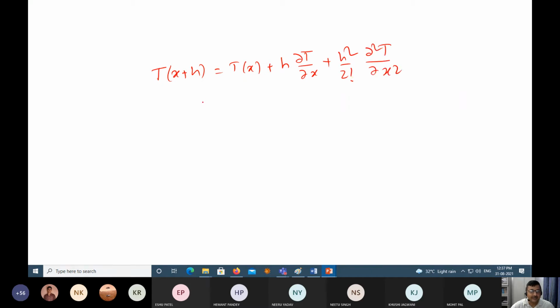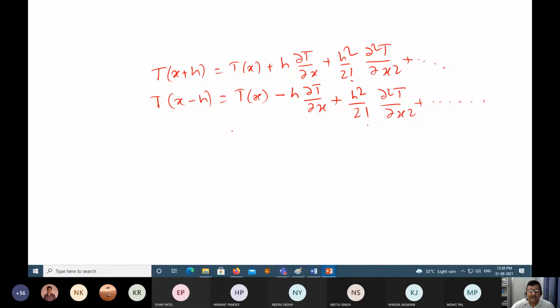And then I do tx minus h. So this is equal to tx, then minus h into del t by del x plus h square by 2 factorial into del square t by del x square. And then I have the higher order terms, right?